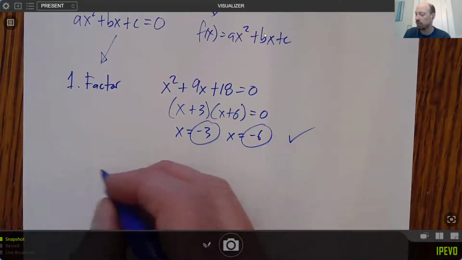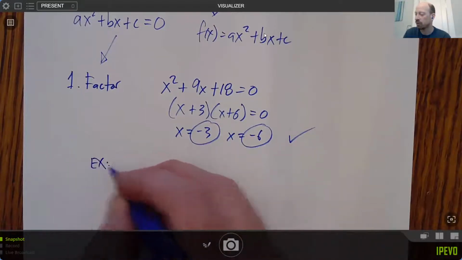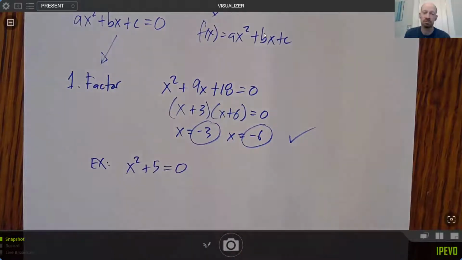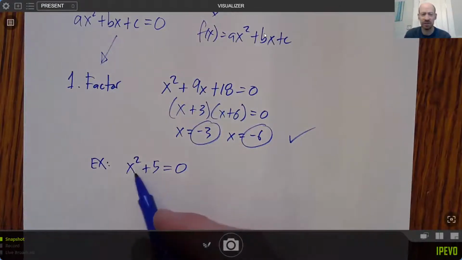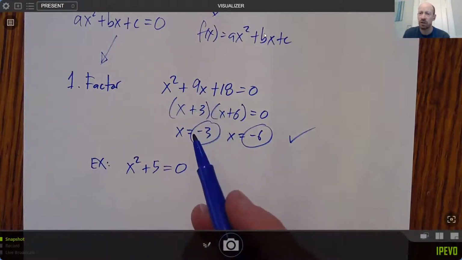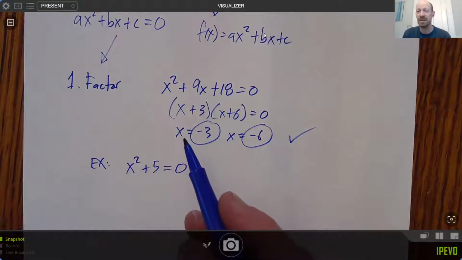For example, what if we run into x squared plus 5 equals 0? Well, we don't have an easy or sort of standard way of factoring that like we could this one here. So we're a little bit limited if we just have factoring. And so the first part of this section is going to introduce some new techniques for solving quadratics.